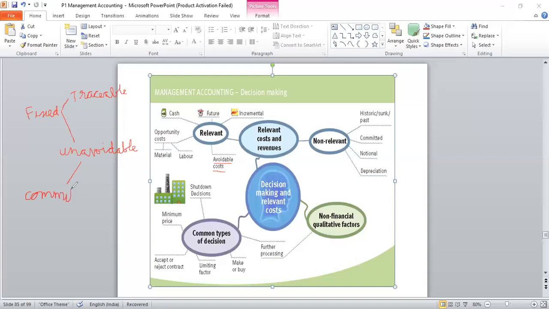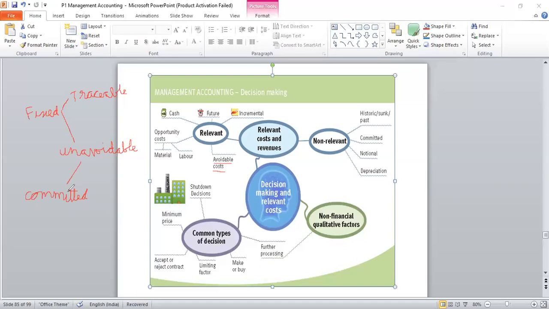So we call them committed fixed cost. Committed fixed cost, like, let's say, for example, they have entered into a lease agreement. As long as the lease period is there, their commitment is there to incur that fixed cost. So those are committed fixed costs.